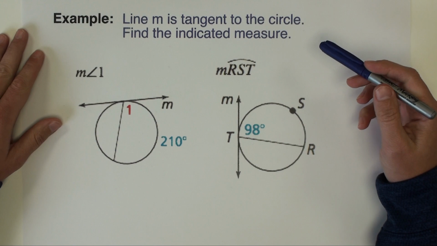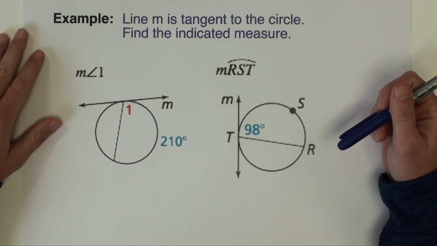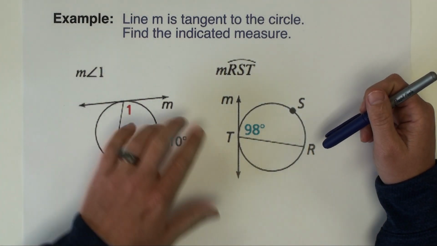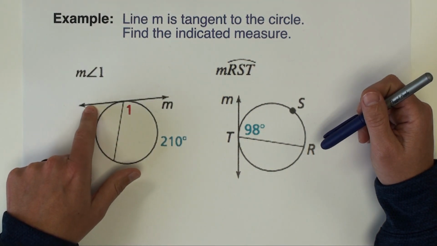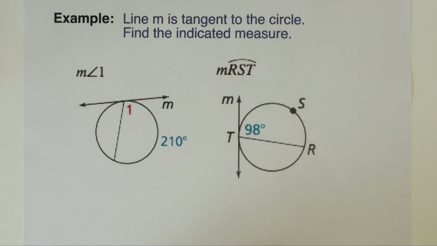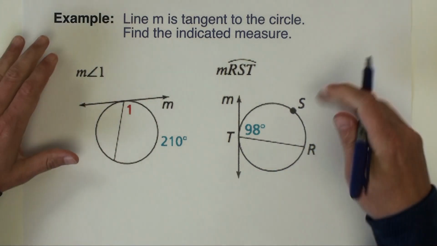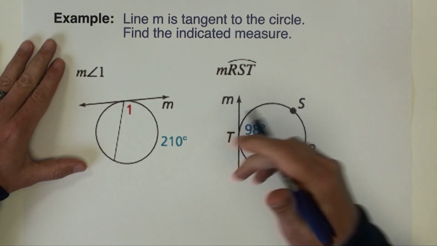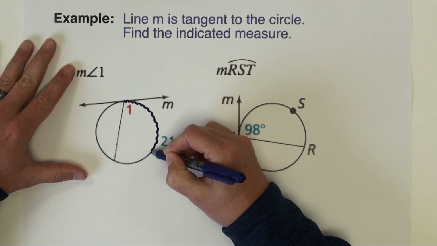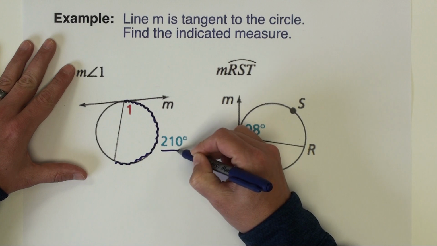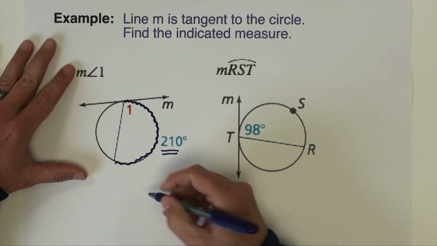All right, how about a couple of example problems to illustrate that theorem? In both examples, directions state that line M is tangent to the circle. We're asked to find the indicated measure. So in this first example on the left, we want to find the measure of angle 1. Notice that the sides of angle 1 intercept an arc that is 210 degrees.